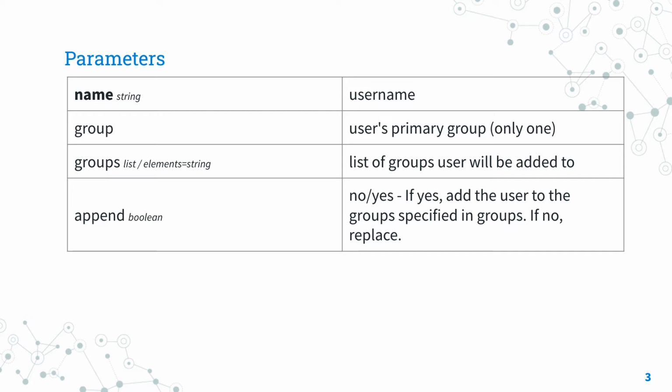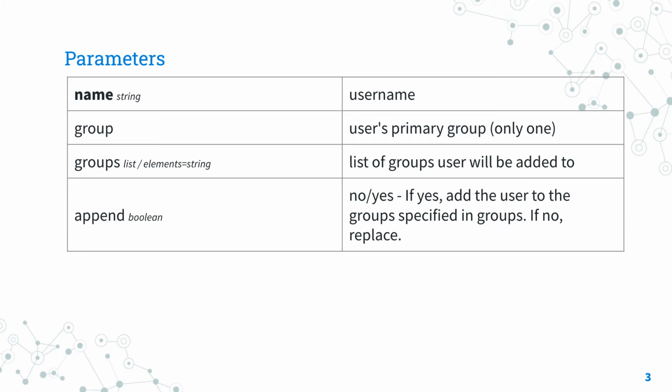So please bear in mind that there is also a groups parameter that specifies a list of additional groups that the user could be part of. These types of groups are sometimes also called secondary, additional or supplementary. So it's not the same thing.